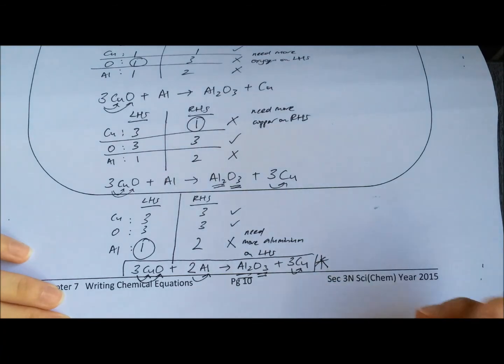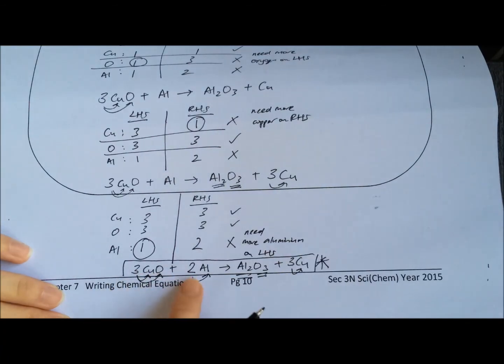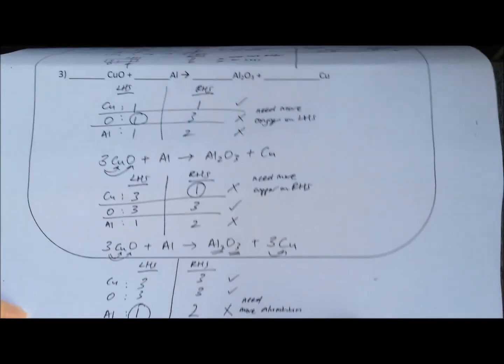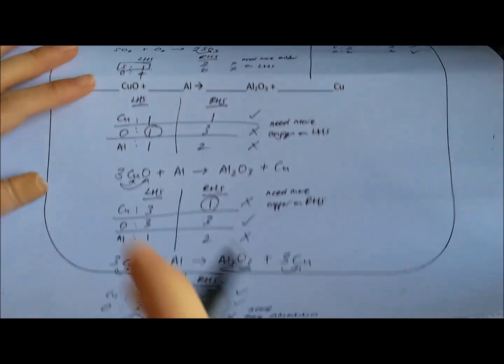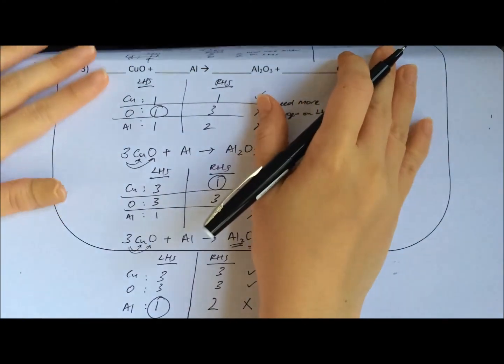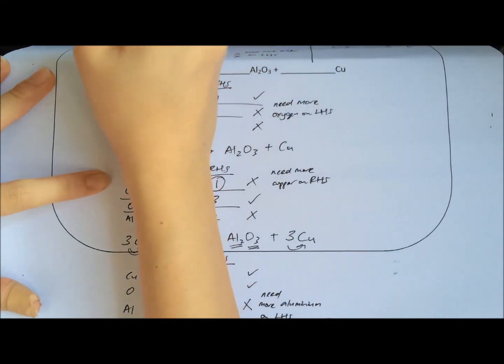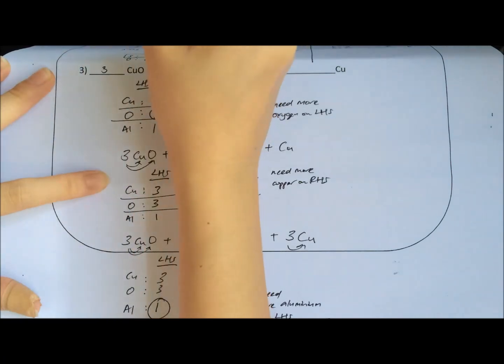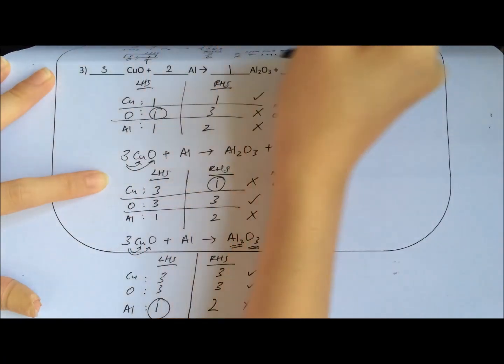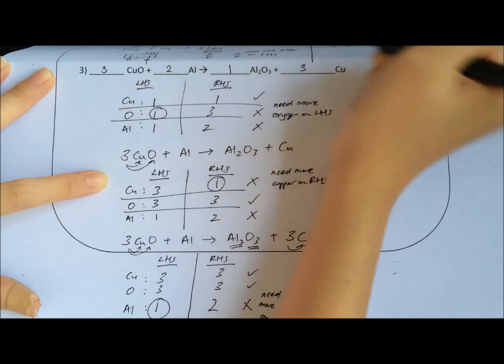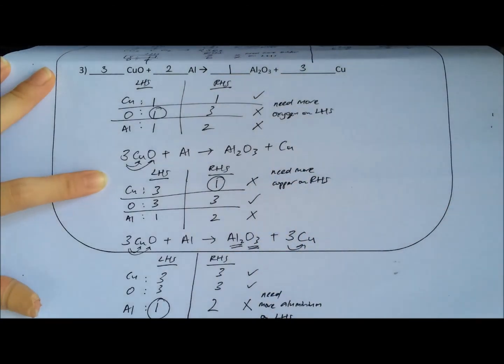So the equation is balanced. So the number is 3, 2, 1, 3. So we write it on top. Three, two, 1, 3. Alright, well done. Good job, everybody.